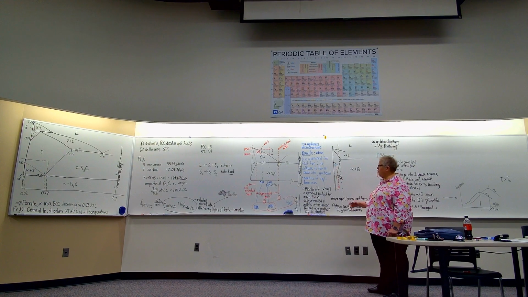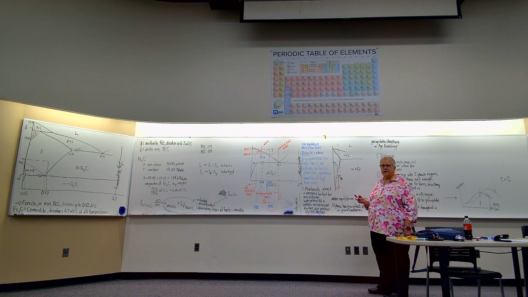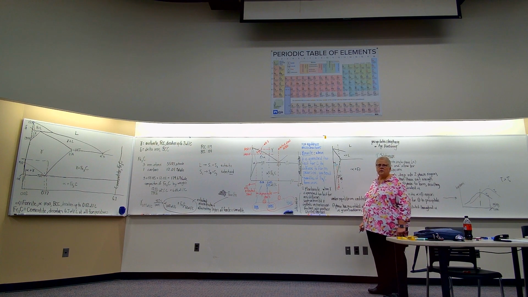So gamma, if it's quenched, could form bainite or martensite. Gamma can form one other thing, which I've already talked about. What's the other thing that gamma can transform into, besides bainite and martensite?